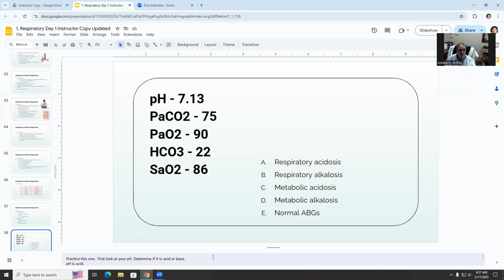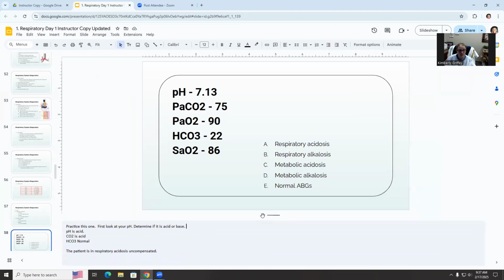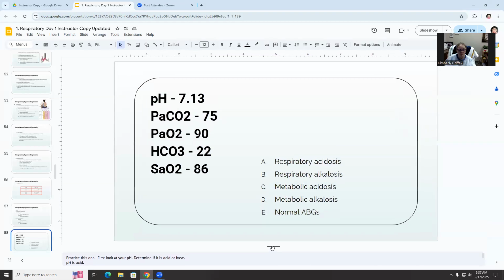Your pH is acidic, your CO2 is acidic, and your bicarb is normal. So this is going to be a respiratory acidosis that is uncompensated. It's uncompensated because our pH level is abnormal.